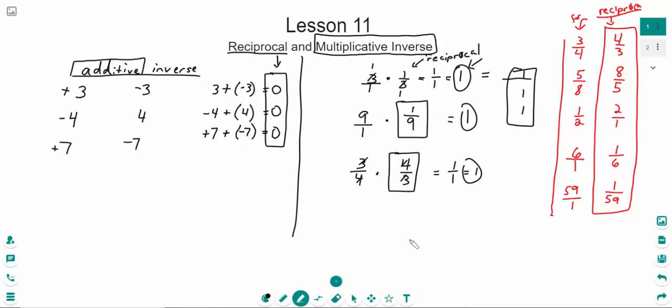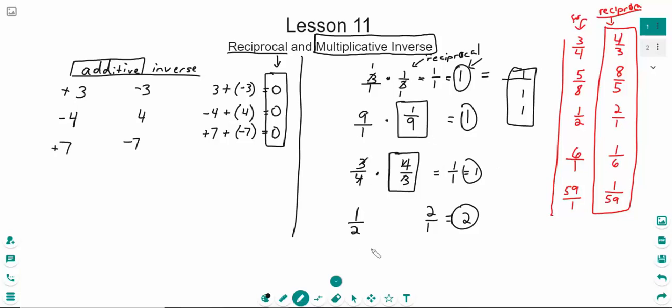Okay? So if in the homework sheets they ask you, find the reciprocal for 1/2, what would your answer be? Hopefully you said 2/1, or you could say 2, because that can be reduced. That would be the reciprocal for 1/2.